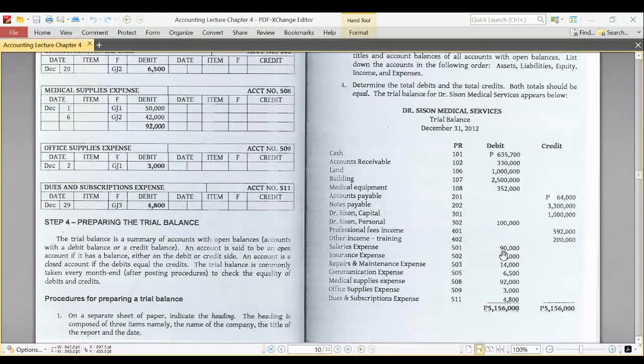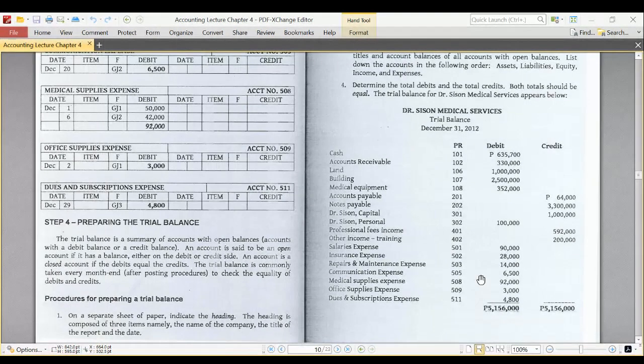Pero meron tayong tinatawag na post-closing trial balance. Diba naalala nyo kanina, pag post-closing trial balance, this is the trial balance that is prepared after closing the nominal accounts to the capital accounts. So, ang expectation natin, pag post-closing trial balance ito, zero na yung income dito. Zero na yan.